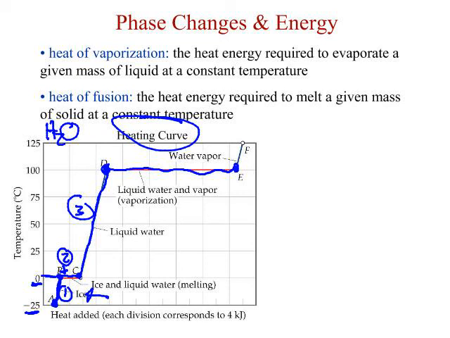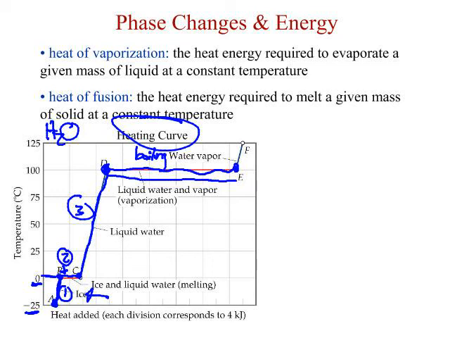In a similar fashion, from D to E, the water is boiling, and we're changing liquid water into gaseous water at a very fast rate. Across this region of the curve, as we've seen before, the energy supplied is breaking the intermolecular hydrogen bonds and causing the water molecules to enter into the gas phase.